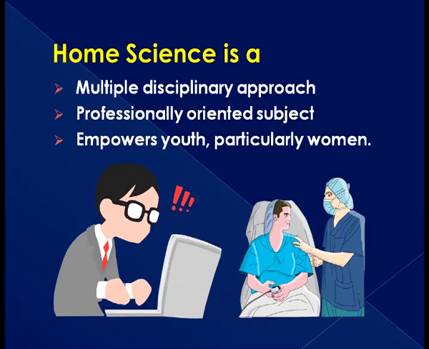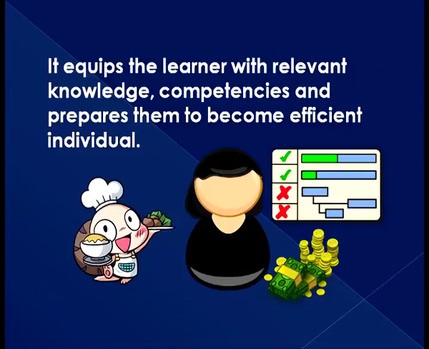It is a professionally oriented subject. You can see in this picture also, this man is a professional working on the laptop. This is a patient. Here is a nurse who is taking care of the patient. It empowers the youth, particularly the women. It also equips the learner with the relevant knowledge and competencies, and prepares them to become independent individuals.